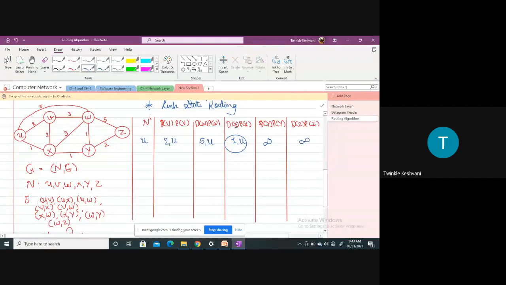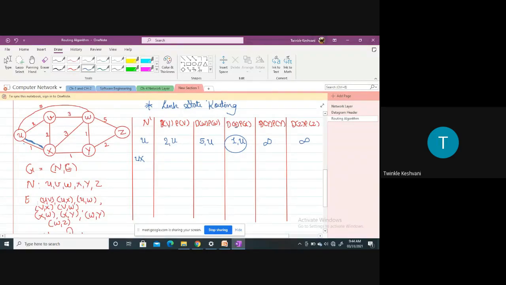That is of node X, right? So here X will be added, that is UX, right? Now X is added to N dash. The path is already built between U and X, so here we'll just make a blue line. So now the path exists between U and X.